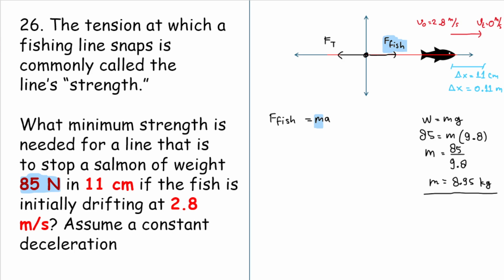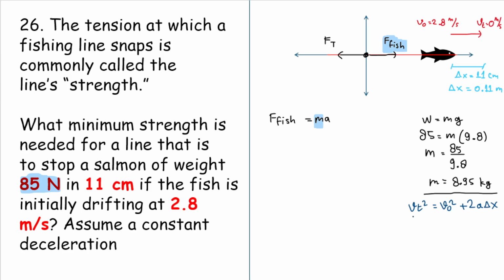But then for the acceleration, we can use kinematics, right? Because we have V0, we have Vt, and we also have delta x. I think we can use this formula: Vt squared is equal to V0 squared plus 2a delta x.